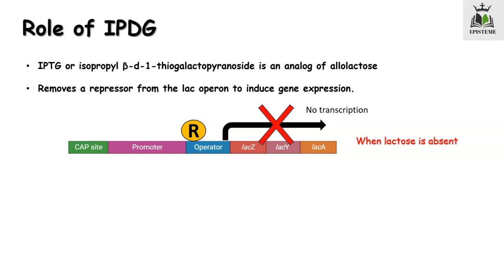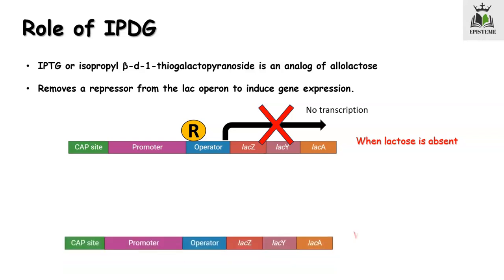That means the lac Z region will not code for the beta-galactosidase enzyme when lactose is absent in the media. Now, if lactose is present in the media and the repressor is initially bound to the operator region, this lactose is taken up by the cell and converted to allolactose. IPTG is an analog of allolactose, having a similar function.